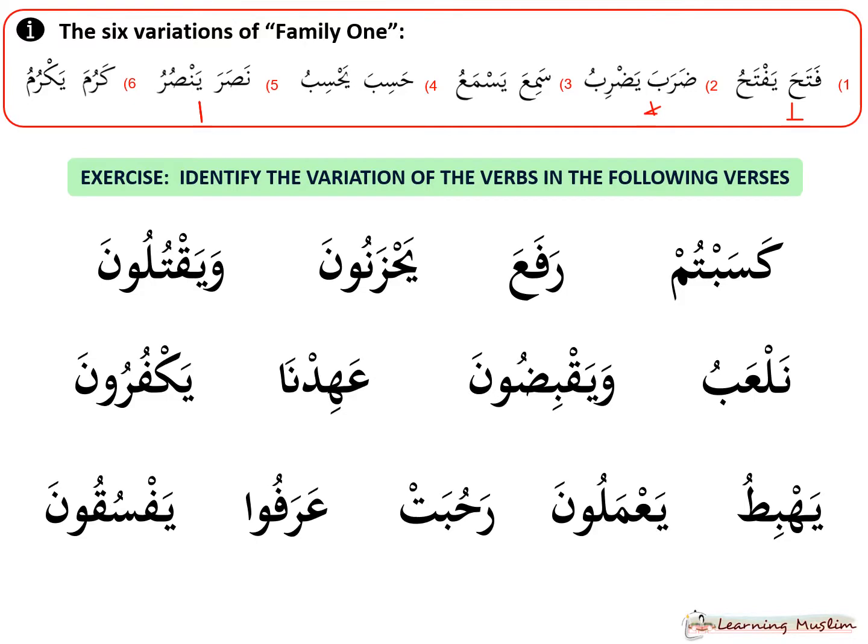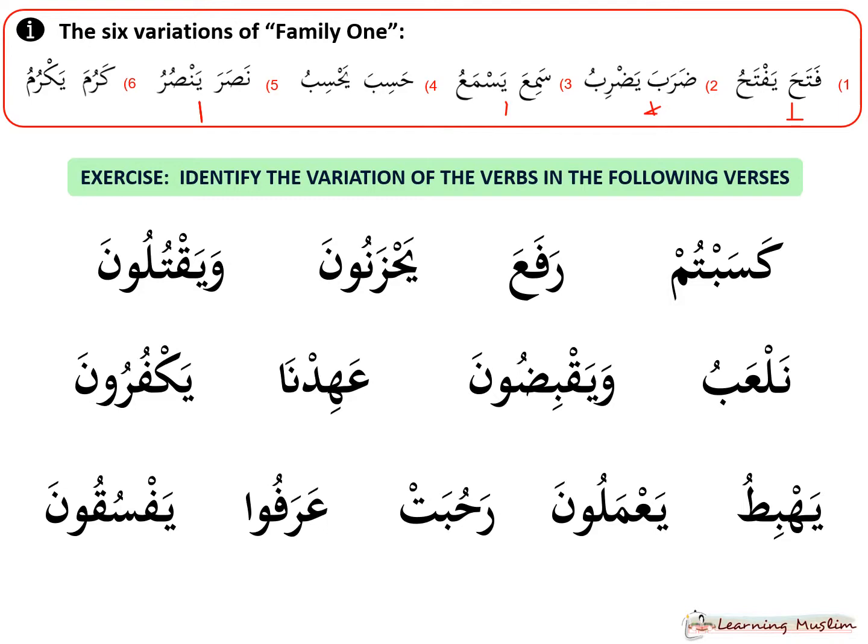So it could be either fataha yaftahu or sami'a yasma'u. If you go to the dictionary, you'll find it as hazina yahzanu. So that means it would be on bab sami'a yasma'u.